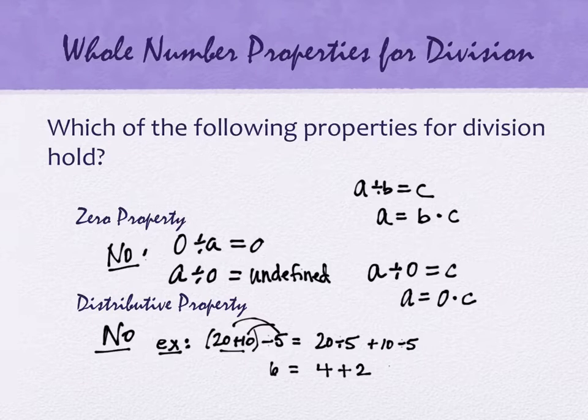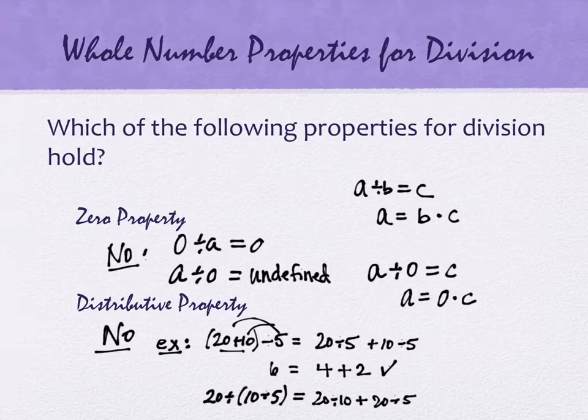It does here. But as with every property, there's more than one direction to test things, right? So what if I actually had 20 divided by 10 plus 5? And I'm testing the order in the other direction. Well, the question is, does this equal 20 divided by 10 plus 20 divided by 5?